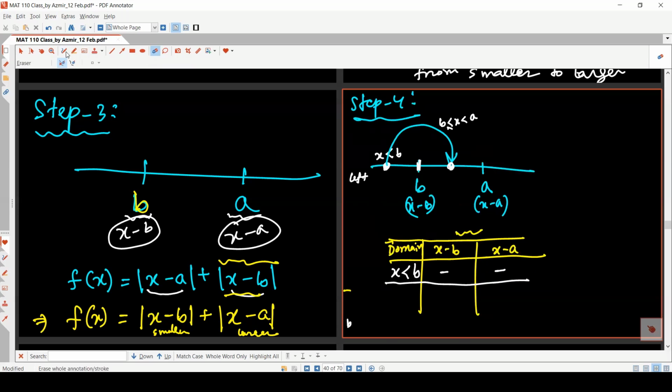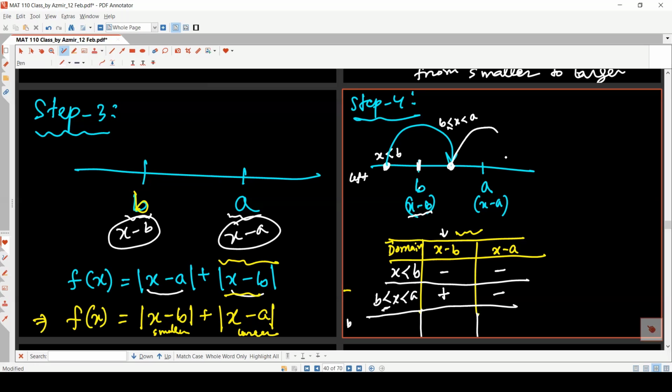So we have identified another domain. It is b less than or equal to x less than a. For now, please try to write. I will make you understand later. So we can see that we are crossing b. So whenever we have x minus b, the sign will be plus. But still, we are on the left side of x minus a. So for x minus a, we will use minus.